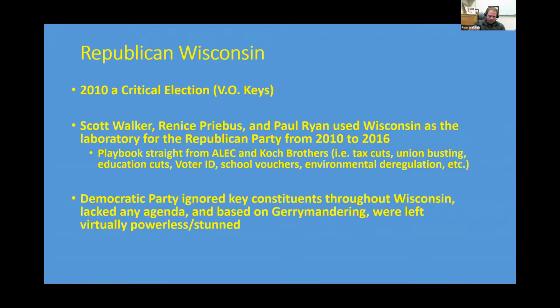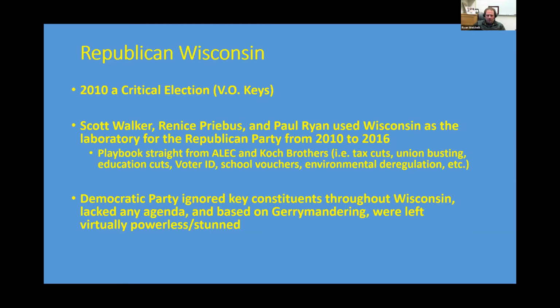And Wisconsin, in my opinion, has played one of the most important roles in the last 10 years, not just in Wisconsin, obviously, but at the national level as well. Now, on the opposite end of this, across the entire country in a lot of places, the Democratic Party basically was powerless and stunned. I think they just weren't anticipating this was going to occur.